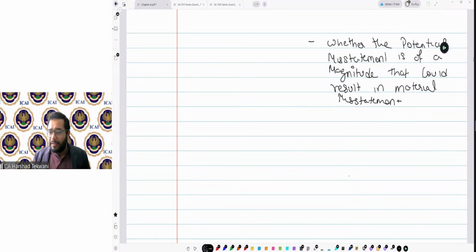When these kinds of risks are present, the auditor is required to pay special attention. So we are talking about a special kind of risk, where more focus is required to be given. Not the normal one.